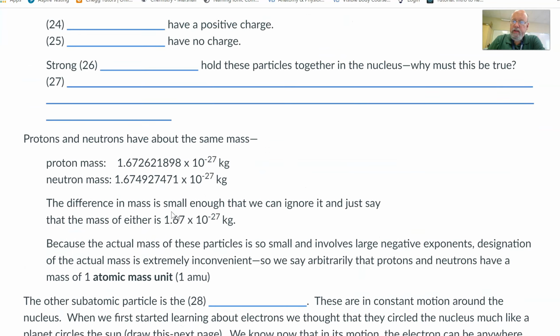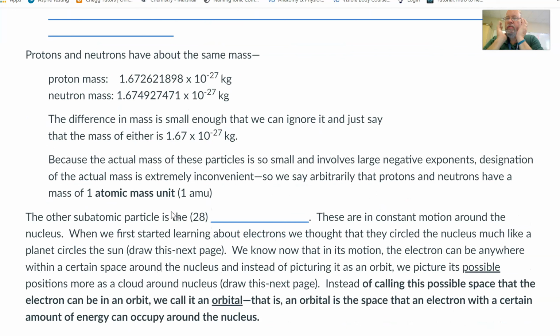Okay, so as far as mass goes, protons and neutrons have about the same mass. The difference is small enough that we can really ignore it. So we're just going to say 1.67 times 10 to the negative 27th kilograms. Because the actual mass of these particles is so small and involves large negative exponents, writing out the actual mass is extremely inconvenient. Nobody wants to write out 1.67 times 10 to the negative 27th after every atom.